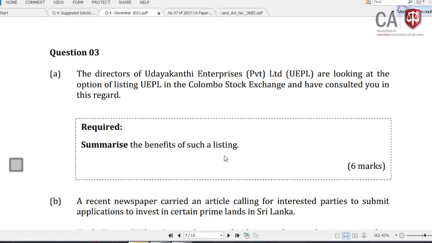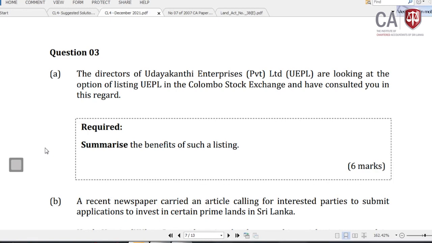Hence, there are so many benefits, as I explained, that are attributable to a company listed in the Colombo Stock Exchange. So whatever the benefits that I mentioned here, you can write them down. And if you want further information, you can refer to pages 157 and 158 of your textbook.